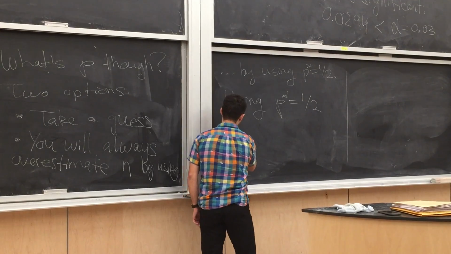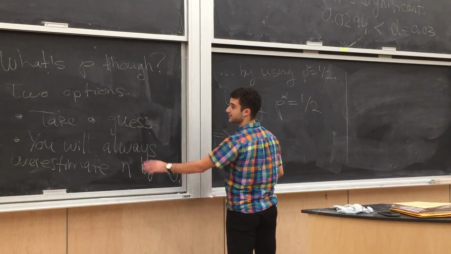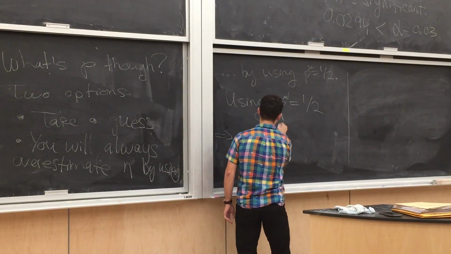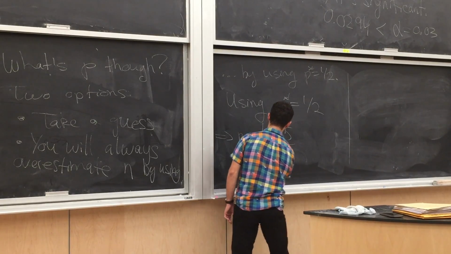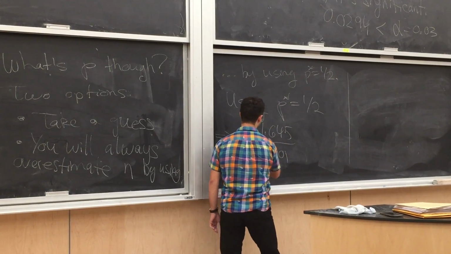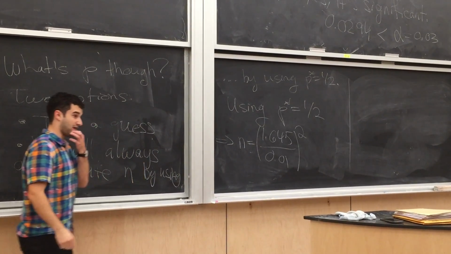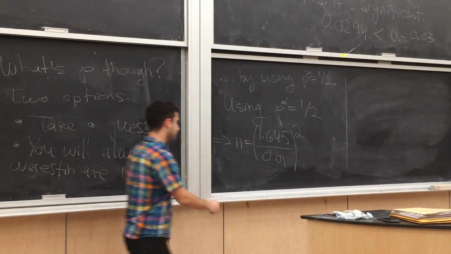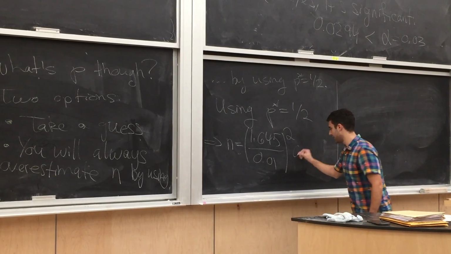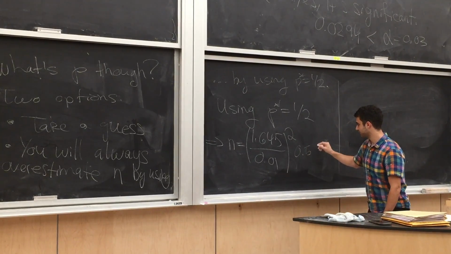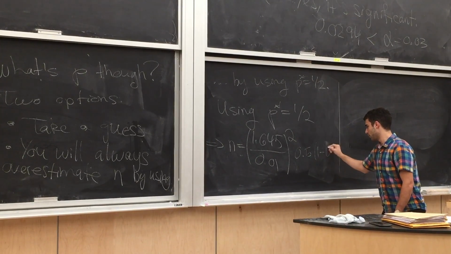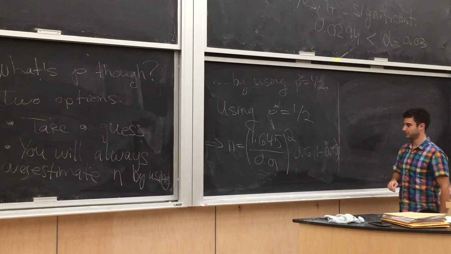This gets us n equals 1.645 over 0.01. We're squaring that fraction. And then we're multiplying by 1/2 and by 1 minus 1/2.